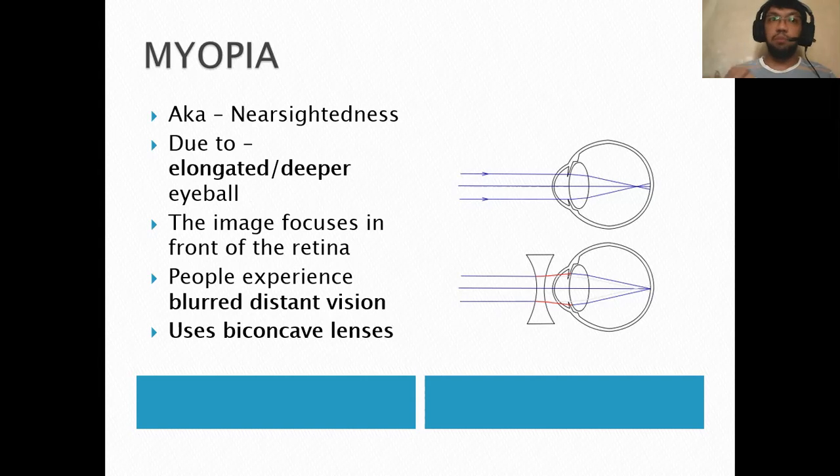We have problem focusing on far objects due to elongated and deeper eyeballs. I have an anecdote with regards to this. When I was coming home from work, I was not wearing my glasses at that time. I was teasing someone from far away in front of the house of my cousin, and I thought it was my female cousin that I was teasing while I was far away.